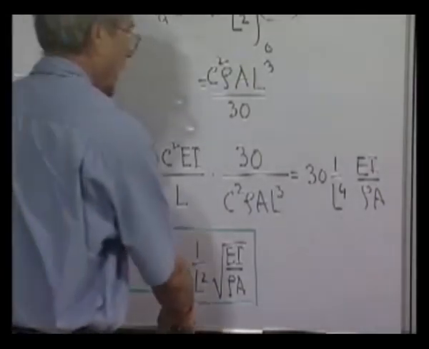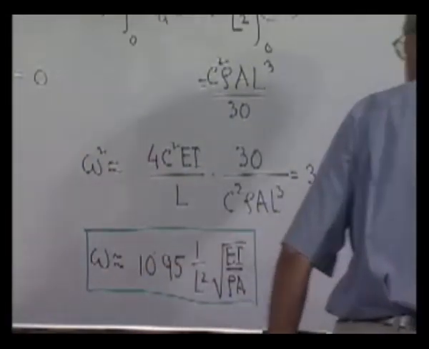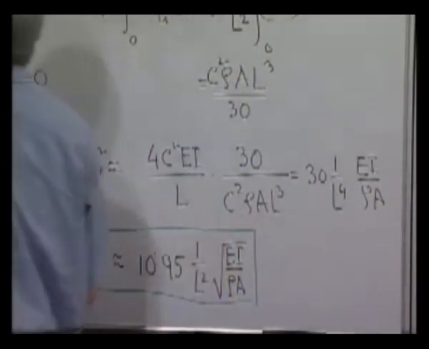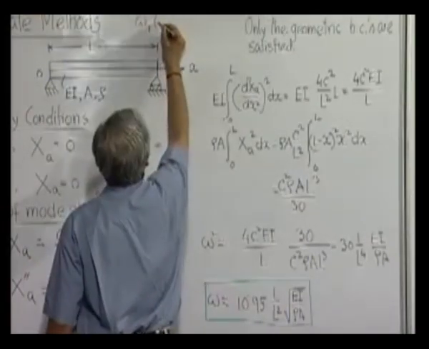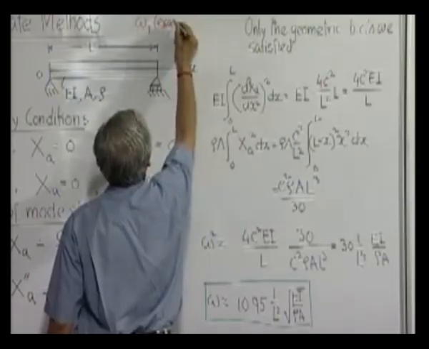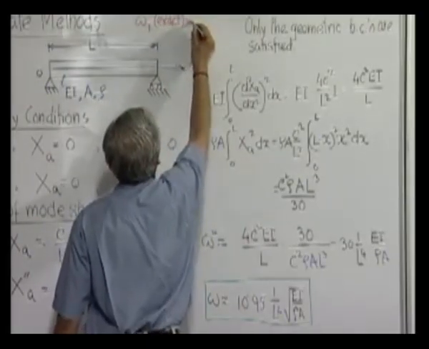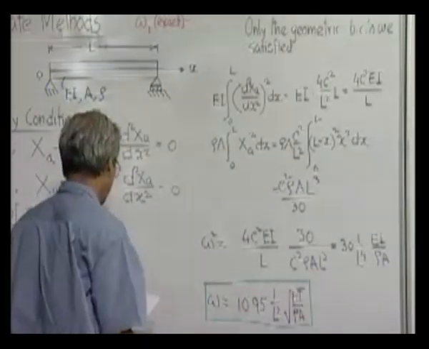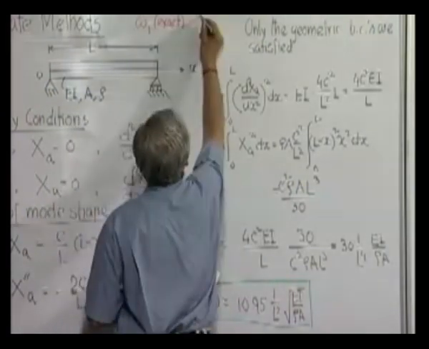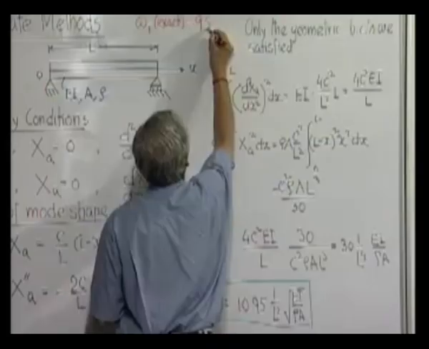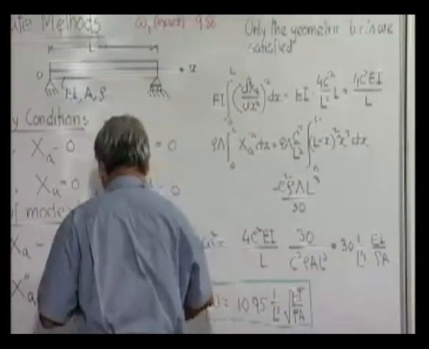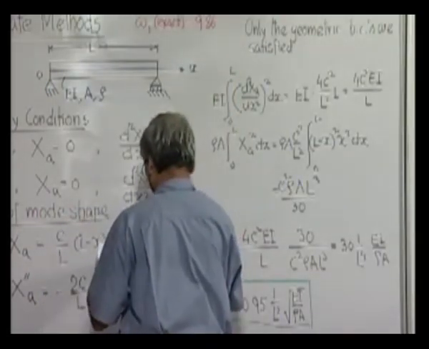We should remember our exact value of omega, answer. What we found out from our mathematical analysis was actually pi square.